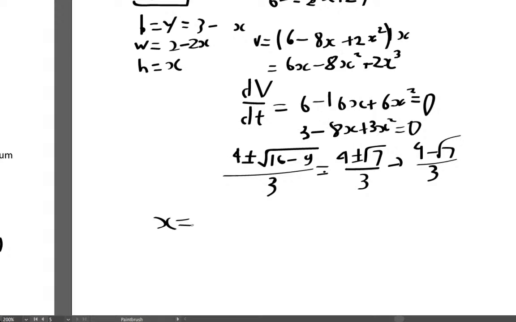Auto rotate. Rotate screen, yeah, left. Let me do that again.